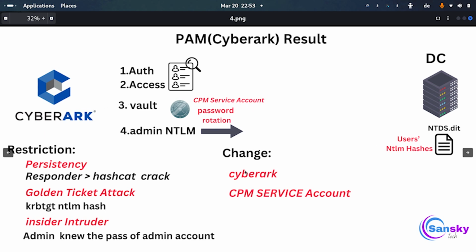So if we as penetration testers get access to the CPM service account, we can manipulate this process completely, or we can actually get informed about the new passwords. That is the new target and the new form of attacking when CyberArk exists.